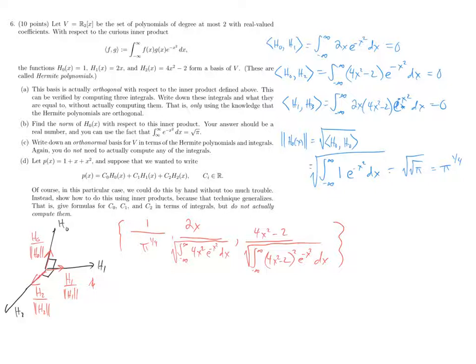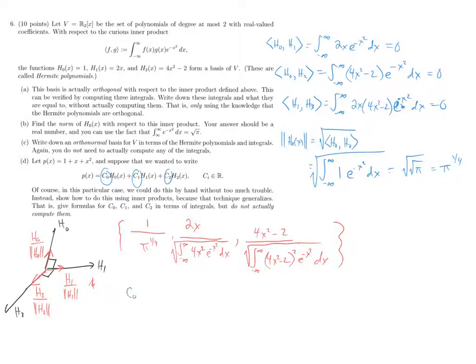Okay, so the last part, you've got a function. We're decomposing this function into this basis. Each of these coefficients is like the projection of this function onto those components, but of course, because these are not normal vectors, you have to modify it a little bit.